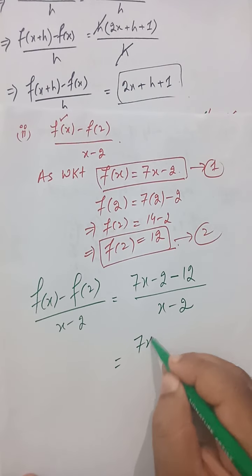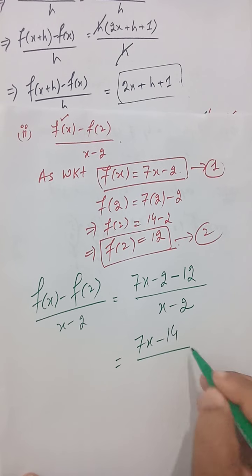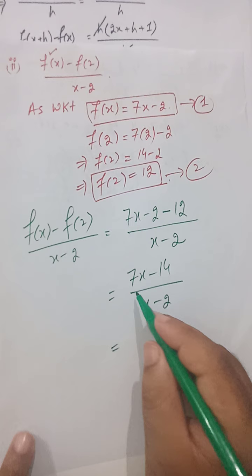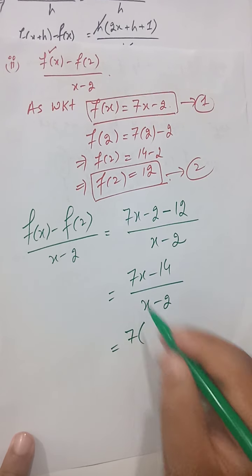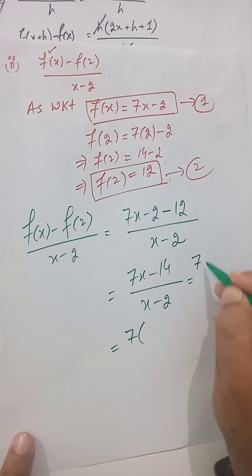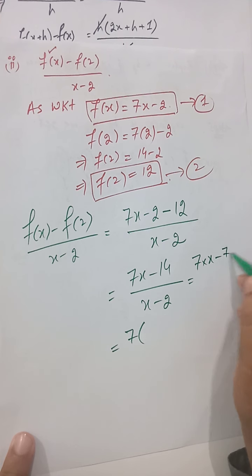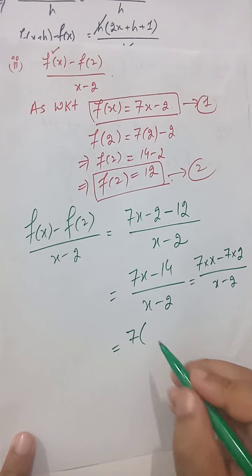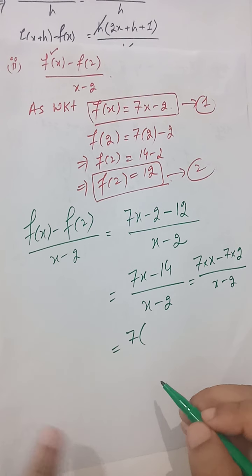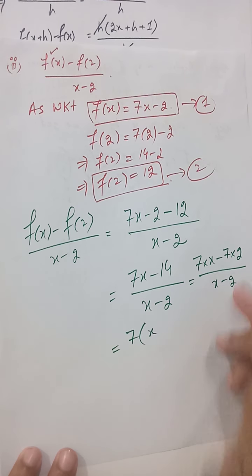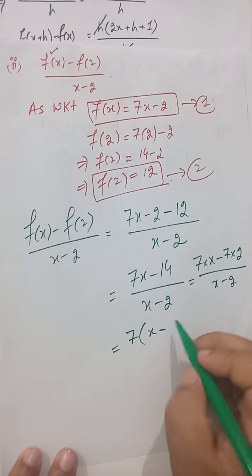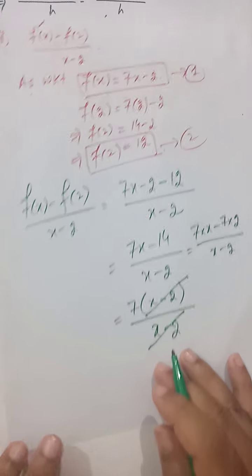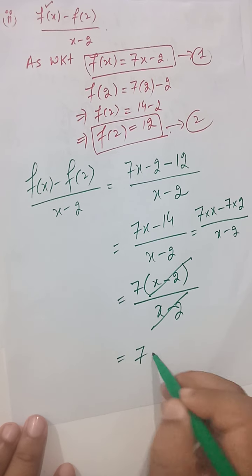So 7x minus 14 minus 2 minus 12, over x minus 2. Taking 7 common, you can write 7 multiplied by x minus 7 multiplied by 2, divided by x minus 2. So taking common this 7 multiplied by 2, 14, here x will remain and here you will get 2, divided by x minus 2. So x minus 2 and x minus 2 cancel, and you will get 7.